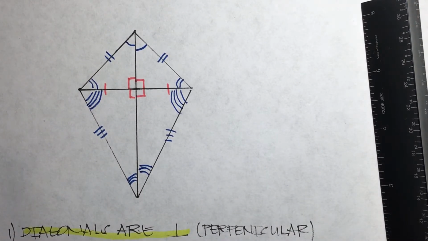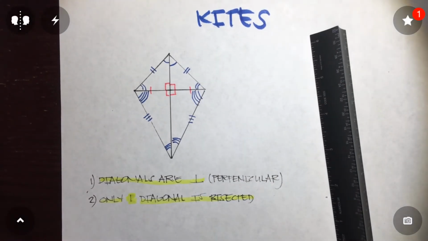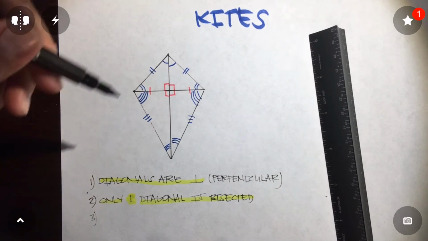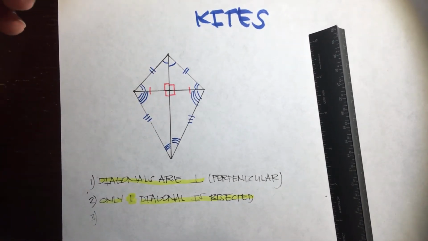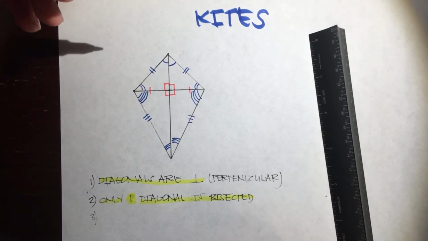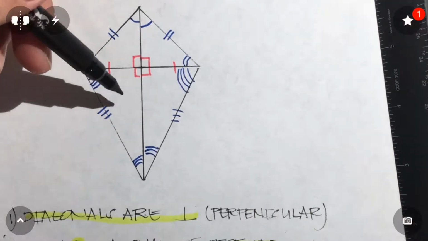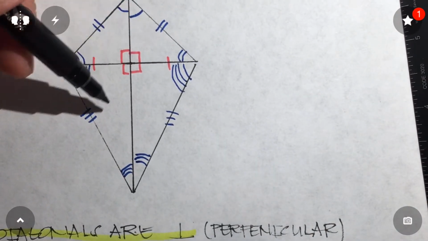That is a kite. One more thing that separates a kite from a parallelogram. A parallelogram, fact number 4, if you remember in the order that I put in my video earlier, opposite sides are congruent. But look at kites. Here's this side, and here's its opposite side. That's 3 tick marks.